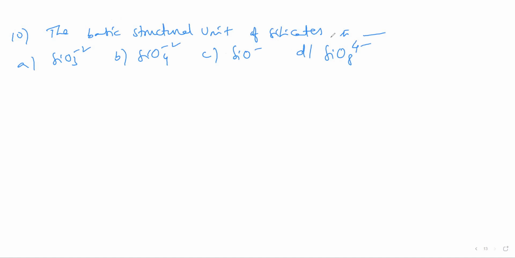Already I told you the basic unit of silicates. What is that? SiO4, sorry, it is the third option. Here I'm changing, it is SiO4 4-. So the correct option is SiO4 4- as the basic unit.